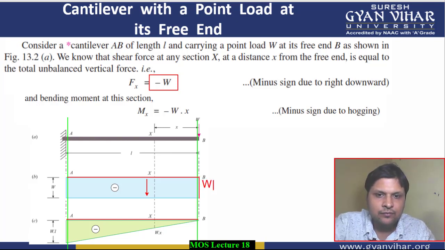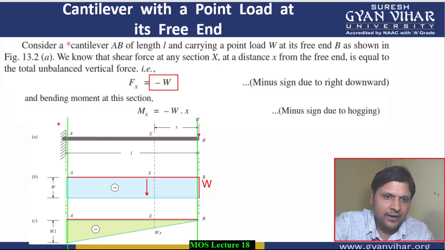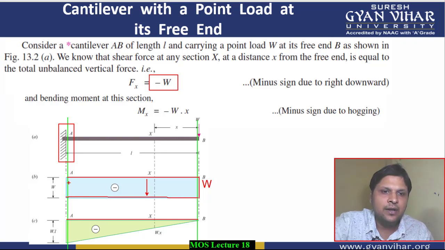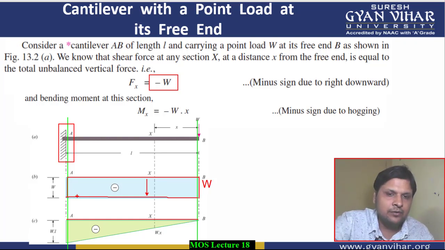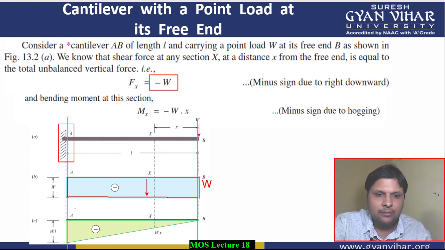If W had been some value, we would have taken that value, and since from here to the end which is fixed there is no change in the shear force, we will draw a horizontal line from here to here. Everywhere the value of shear force is the same, therefore it will look like a rectangle.